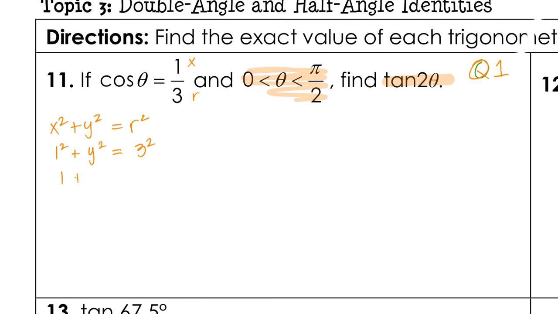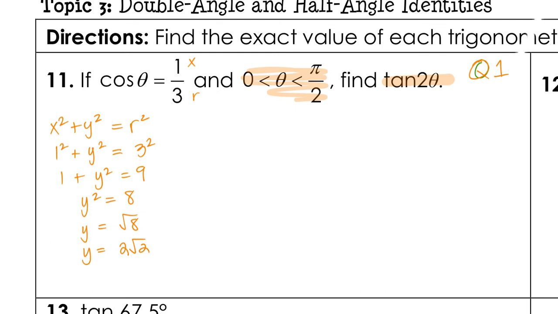So this would be 1 plus y squared equals 9. Y squared equals 8. So y would equal square root of 8, which is 2 square root of 2. We're in quadrant 1, so I know everything's positive.